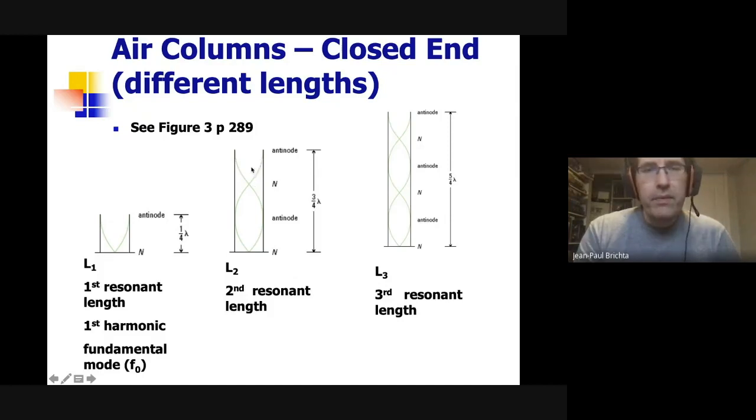So again, if you count the half loops, you have 1, 2, 3, and each of these is a 1/4 wavelength, so you have 3/4 of a wavelength. Here, if you do the same thing, you have 1, 2, 3, 4, 5. So that's why this one is 5/4 of a wavelength.